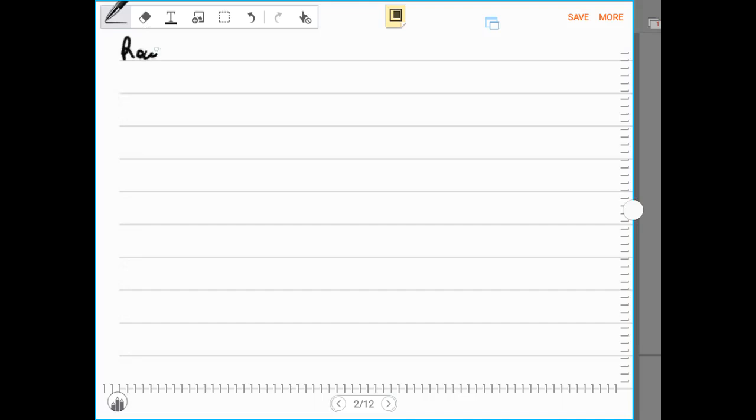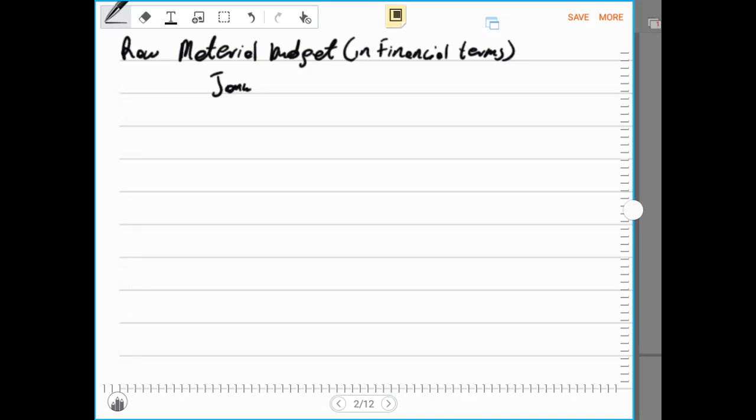Raw material budget in financial terms. So now we start again with the month of January. We go to February.